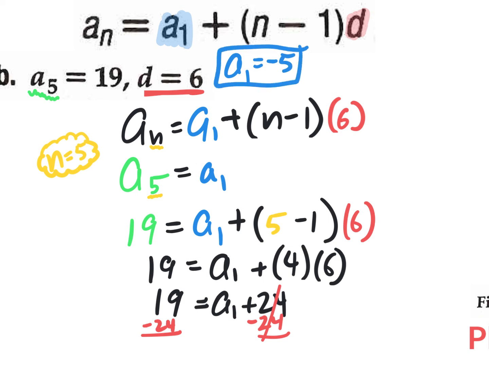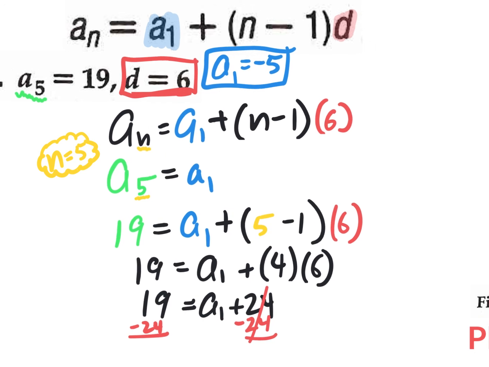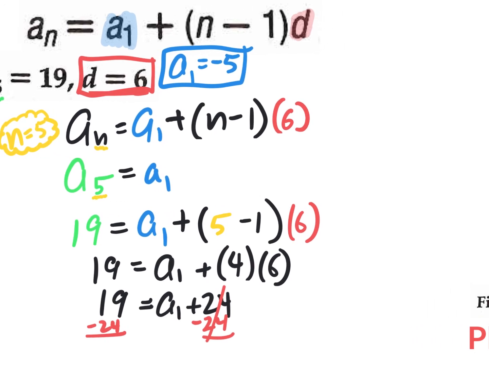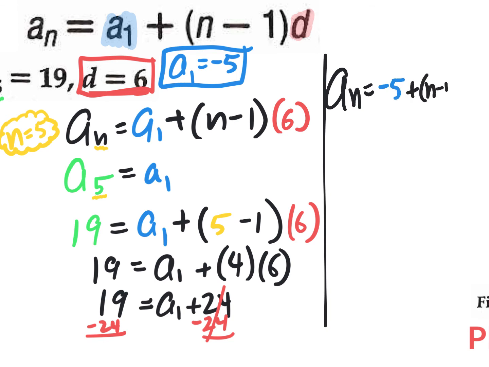And now that we know a sub 1 and that common difference of 6, now I could actually write my arithmetic a sub nth rule of this arithmetic sequence. So let me make a little bit of space here. Let me write it over here on the side. A sub n equals my first term, negative 5, plus parenthesis n minus 1 times that common difference, 6.